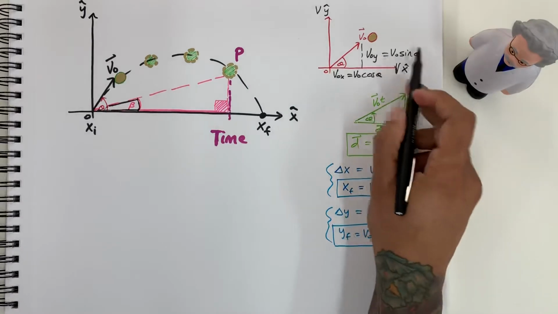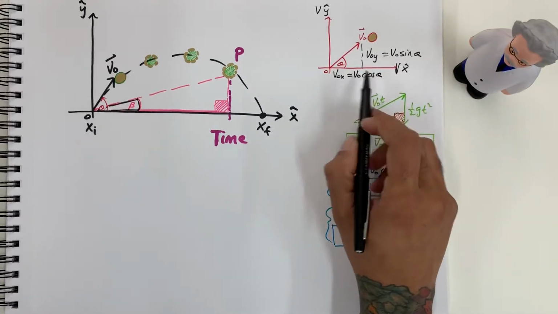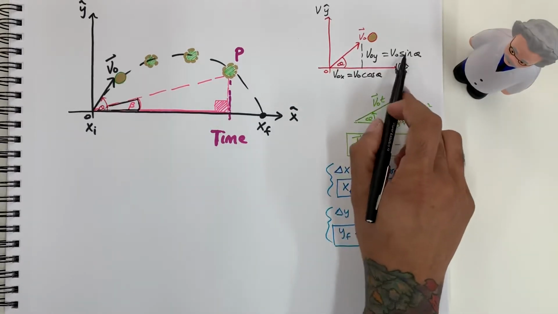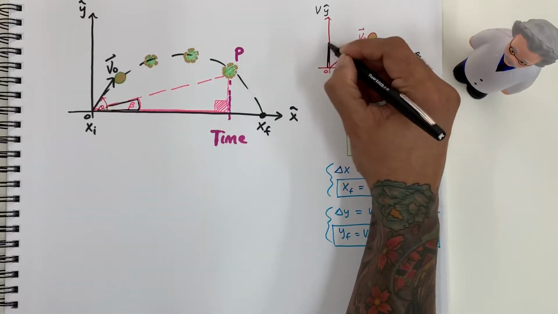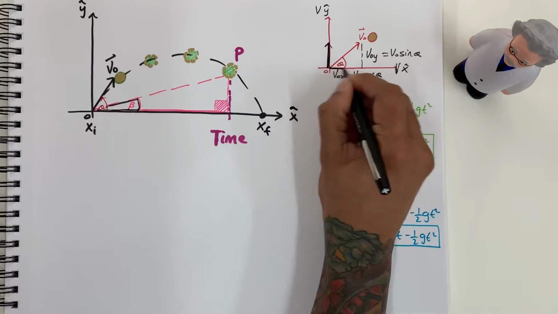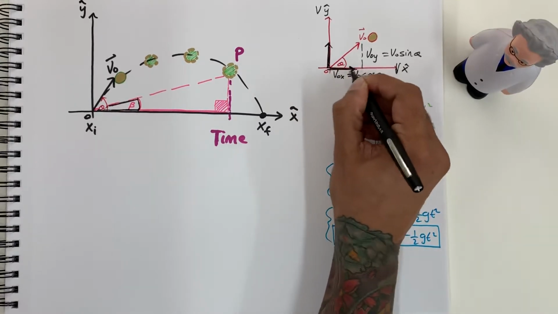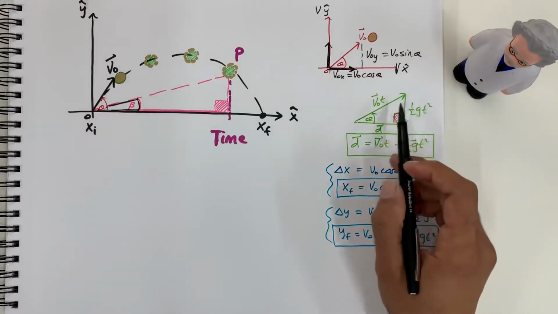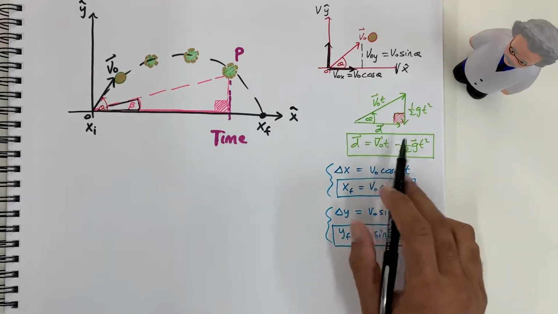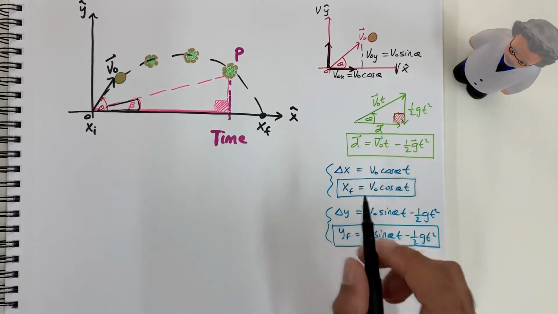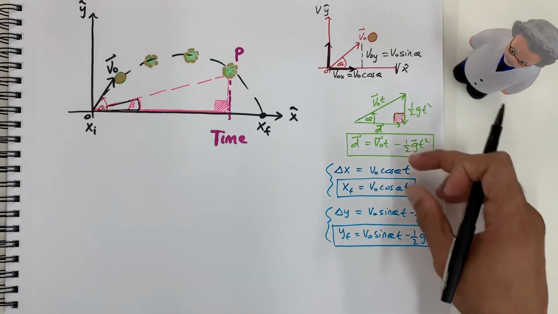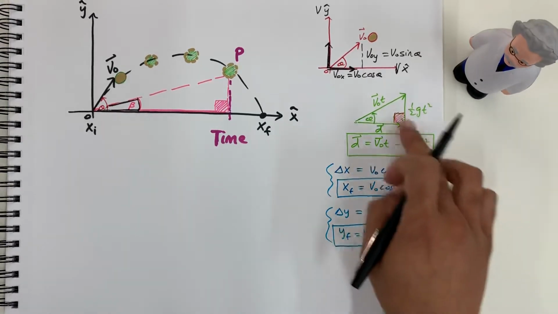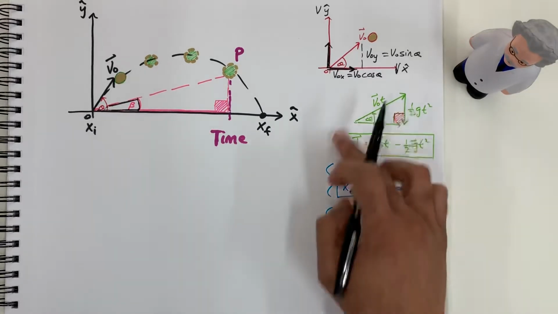Okay, so we have these two vectors broken up into the x and y. And remember, this vector is the same thing as this one. So we're going up here and we're going here horizontal. So our displacement vector equation can allow us to find our x and our y position, just from the vector triangle. So I've explained the triangle.